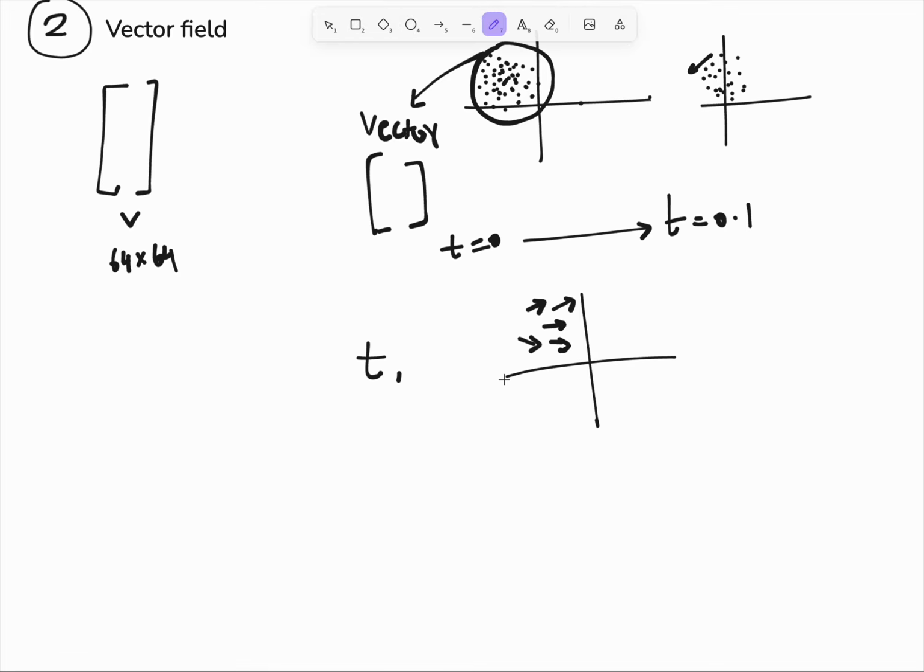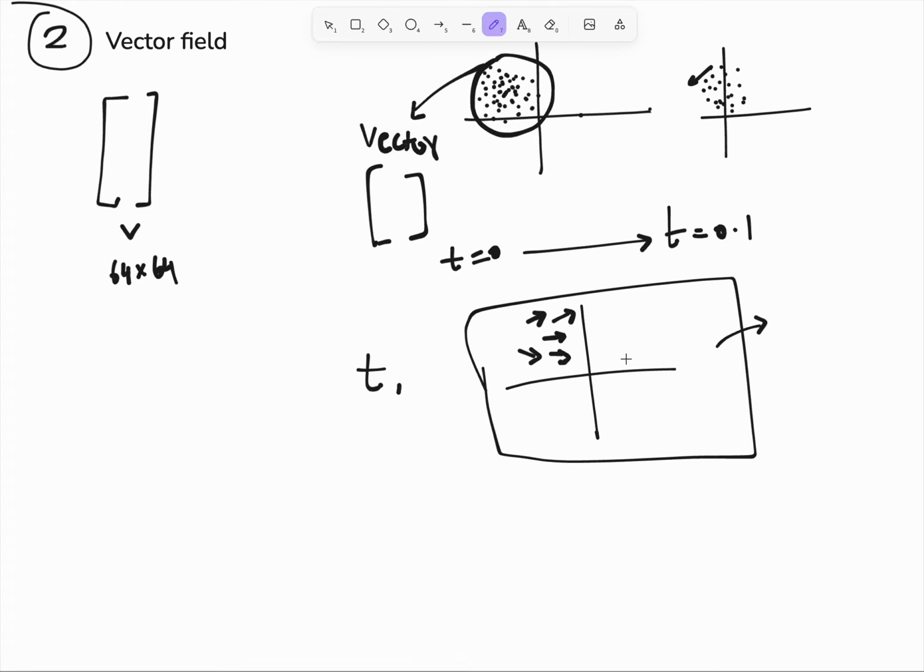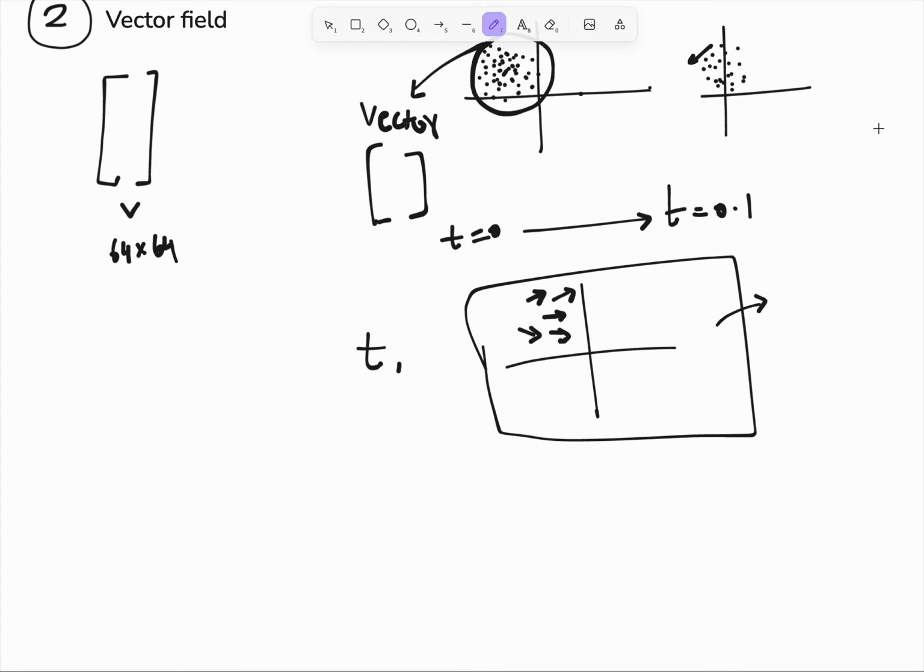And this is exactly what we're trying to learn in our flow model. We're trying to learn this vector field, because we want to move from here to the final distribution like this, say.